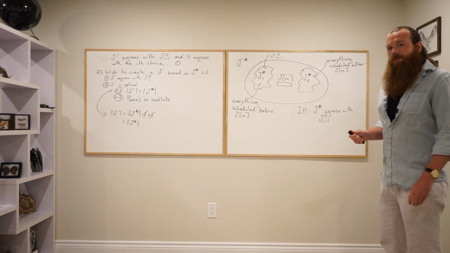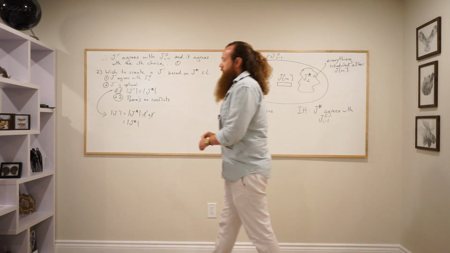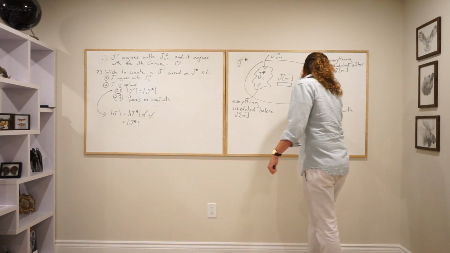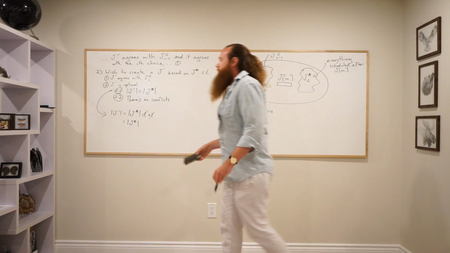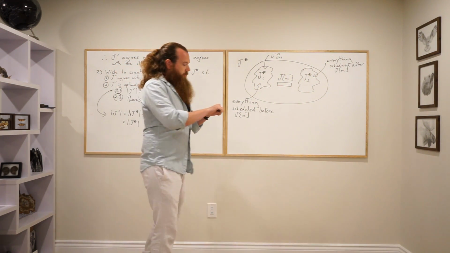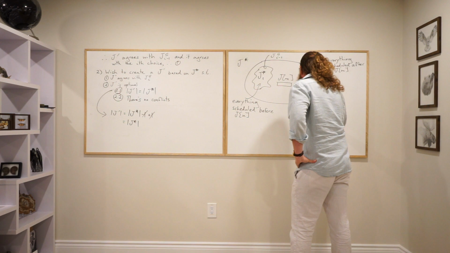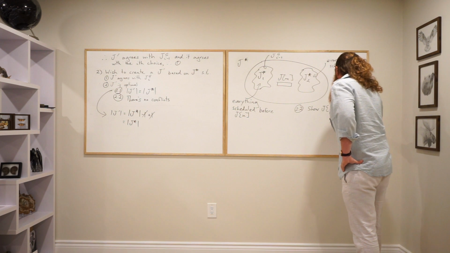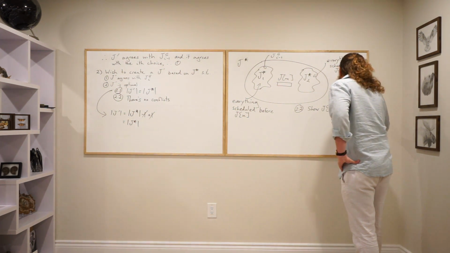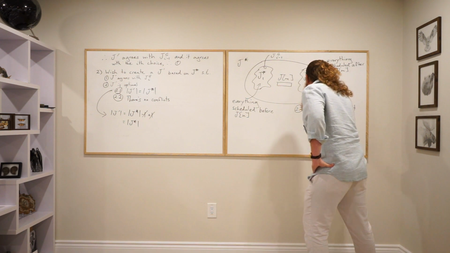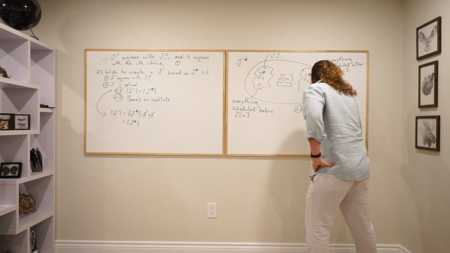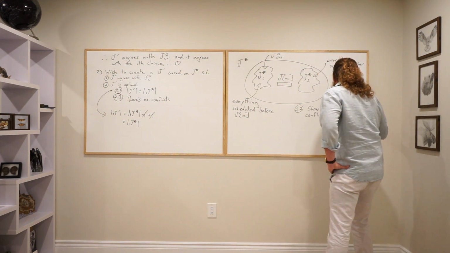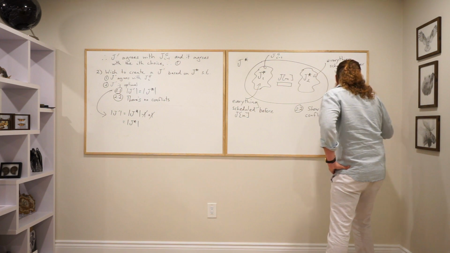How do we show there's no conflicts? Ugh, that one seems like it could get a little messy. The way I'm going to show that is this. We want to show 2.2: show Ji doesn't conflict with J star 1 nor J star 2.